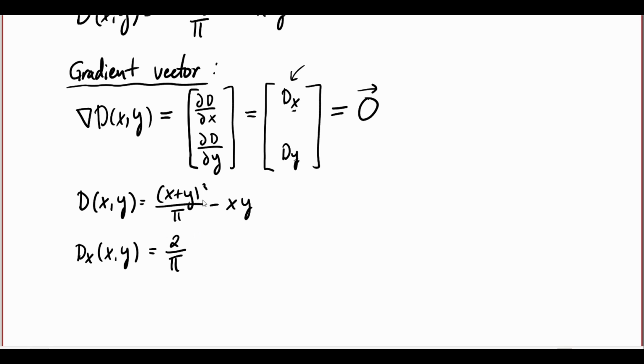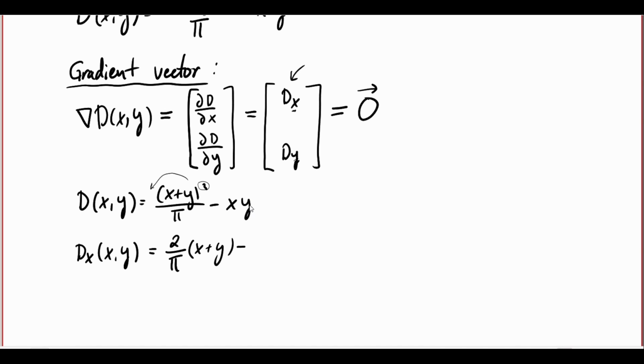So the 2 here goes down here, right? So it becomes 2 divided by pi times x plus y, and then the inner derivative of x plus y becomes 1, and then minus the derivative of x times y, where y is a constant.